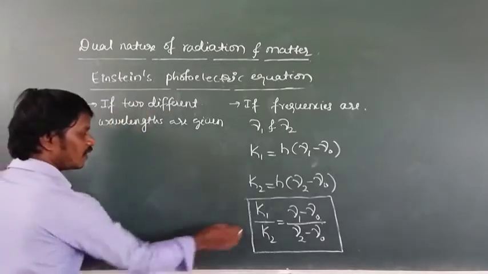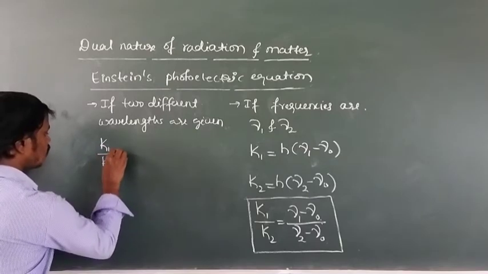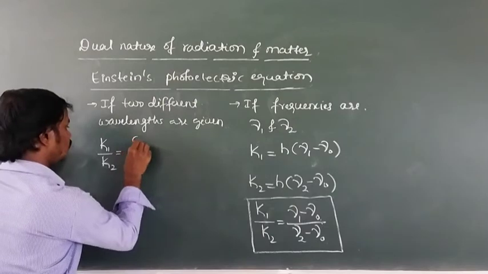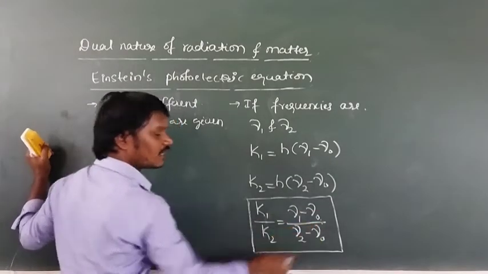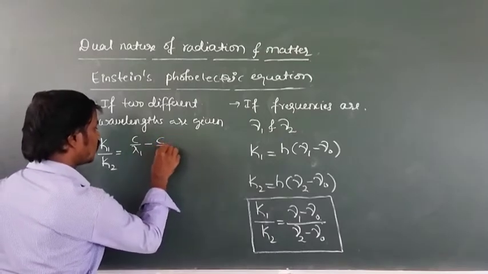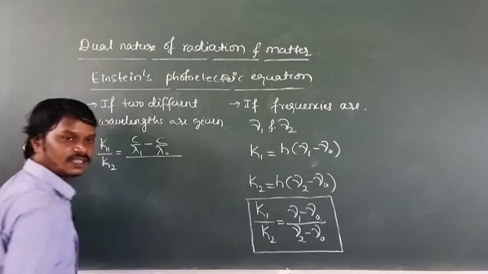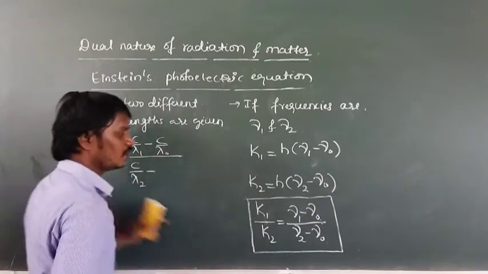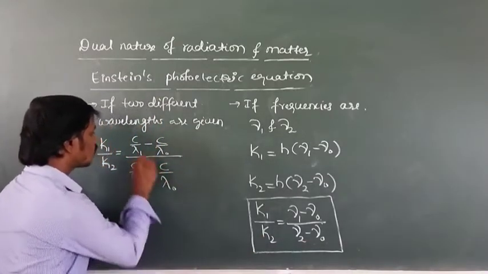Then I will write, by using this one, K1 by K2 is equal to nu1, which can be written as C by lambda 1, minus nu naught, which can be written as C by lambda naught, then whole divided by nu2, which can be written as C by lambda 2, and nu naught again as C by lambda naught. What is common here?